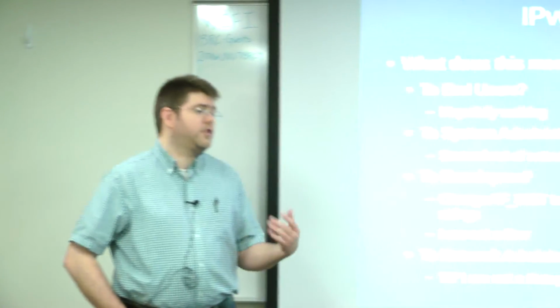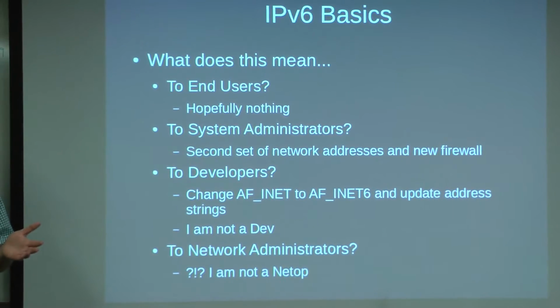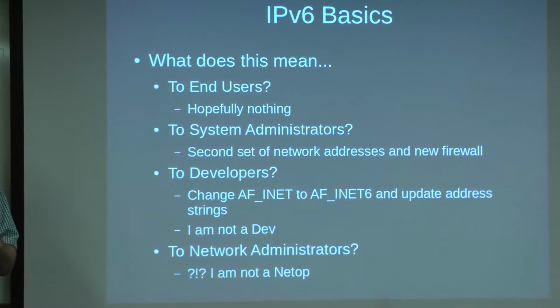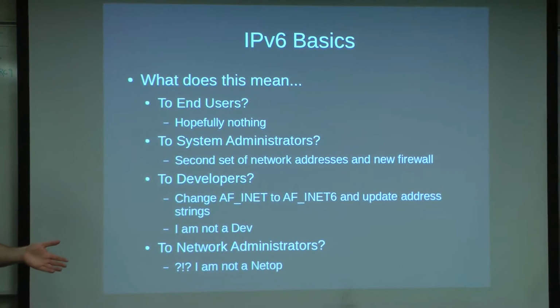So when you resolve a name to an IP address, you probably will need to change which functions you use to do that resolution to get these addresses. But if you're using higher level frameworks, it should just handle it for you transparently. And I have a Python example in a little bit that shows just how simple and easy it is.